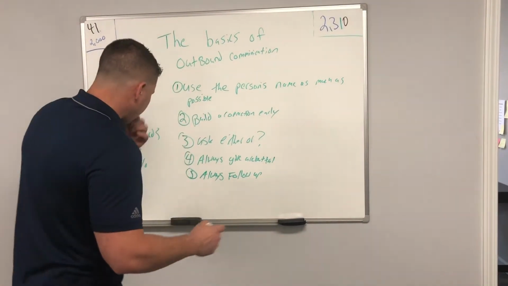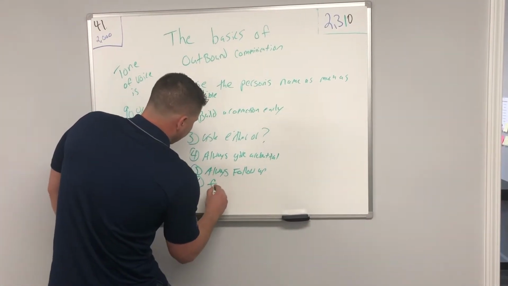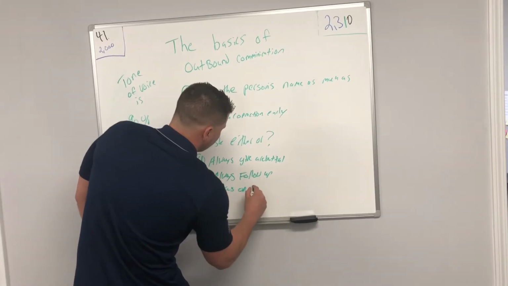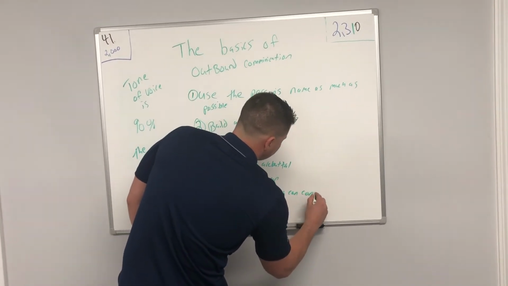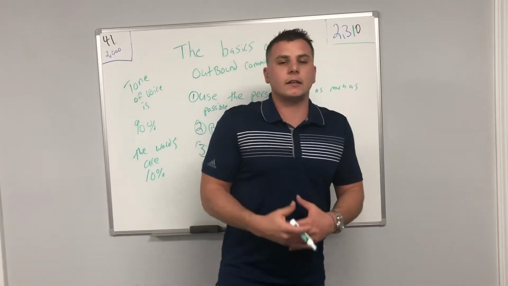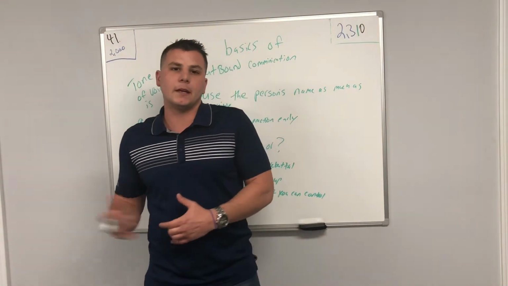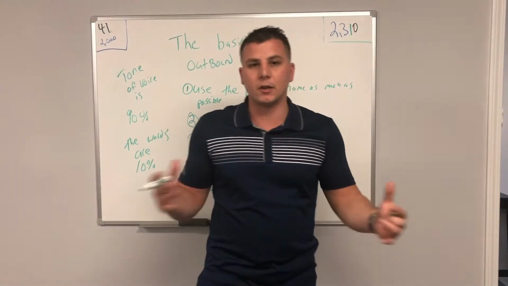Number six is focus on what you can control. Can you technically control someone that sets an appointment, and an emergency comes up and they can't come to their appointment? No, you can't control that.